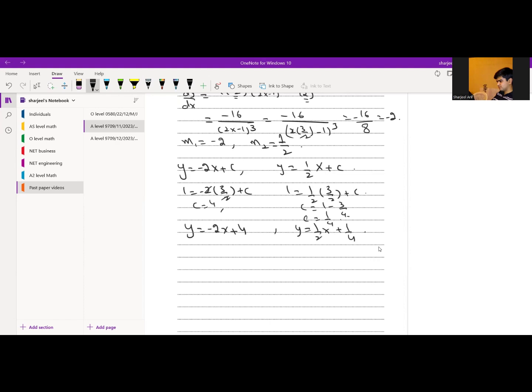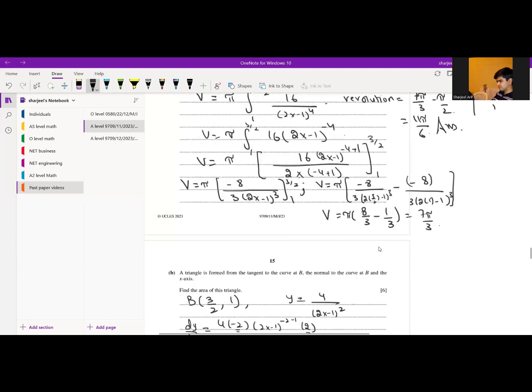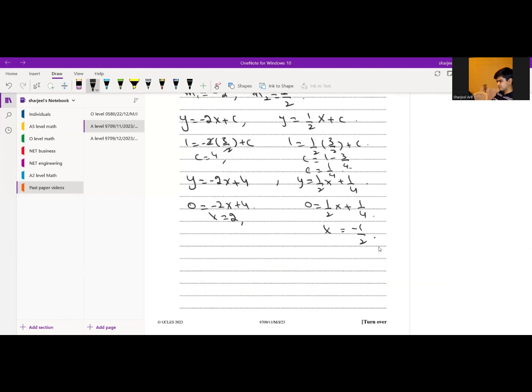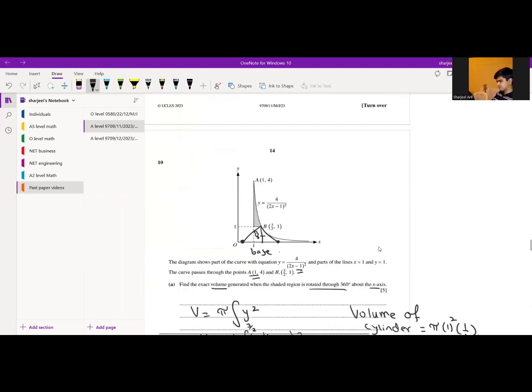To find the x-intercept, substitute y equals 0. You will get x equals 2, and here you will get x equals minus 1 by 2. So the length between these 2 points, actually this normal point will pass towards the negative side. So you have to find the length of this part.